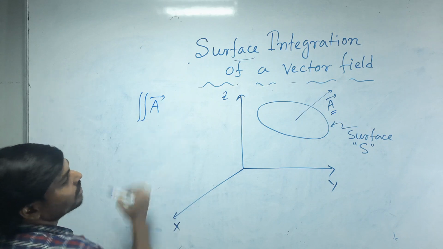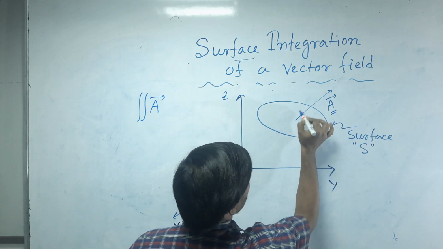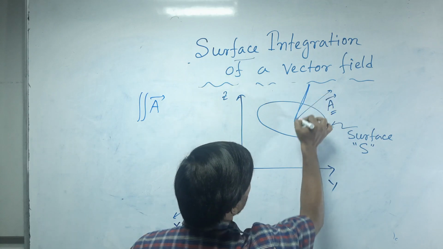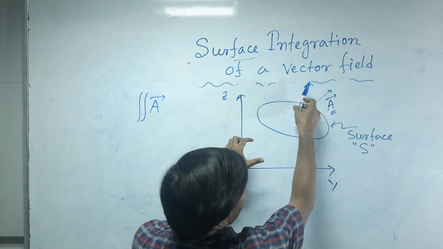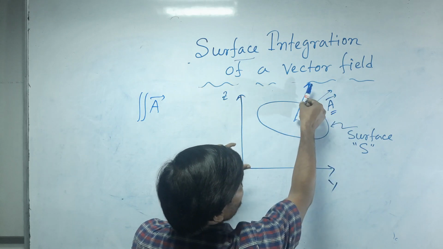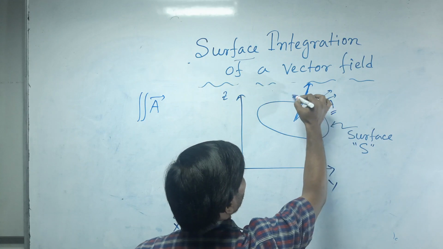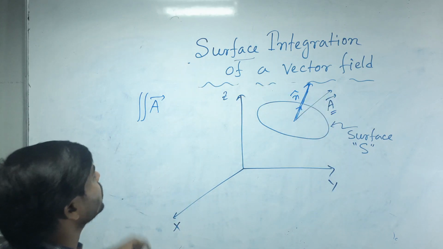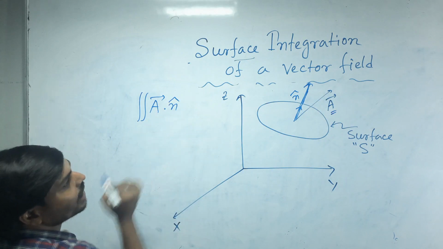If we take the normal of this surface along this direction, the perpendicular of this surface, which is basically the direction of this surface, and let n cap be the unit vector along this direction. So the surface integration of this A vector field is nothing but A vector dot n cap.